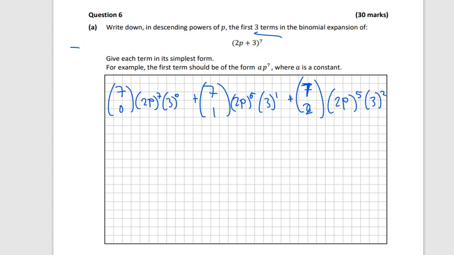We'll get 2 to the power of 7 is 128p, and then 3 to the power of 0 is 1. So 7 choose 0 is 1, and 3 to the power of 0 is 1, and 2p all to the power of 7 is 128p to the power of 7, I should add. Now 7 choose 1, that will give me 7. 2 to the power of 6 will give me, I think it's 64.